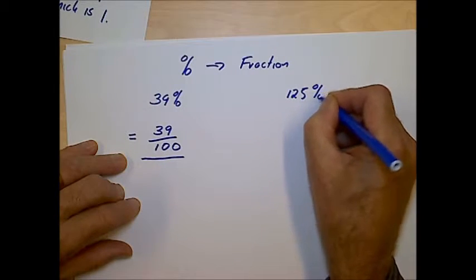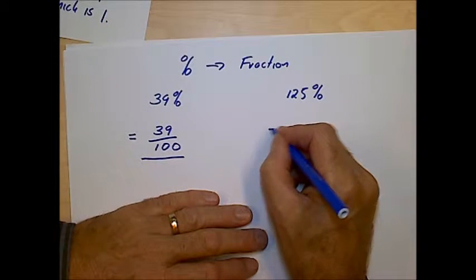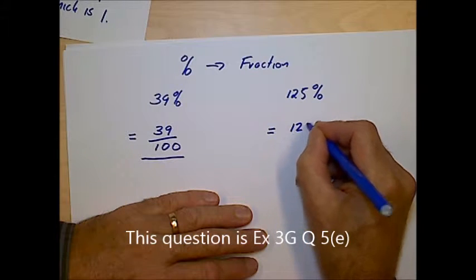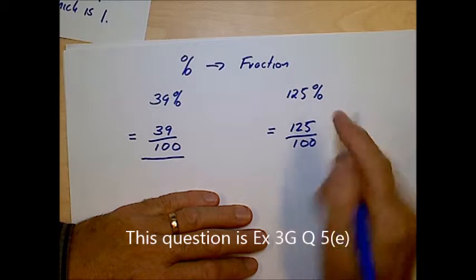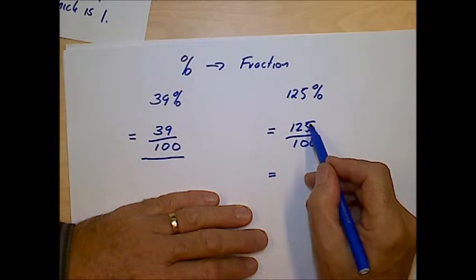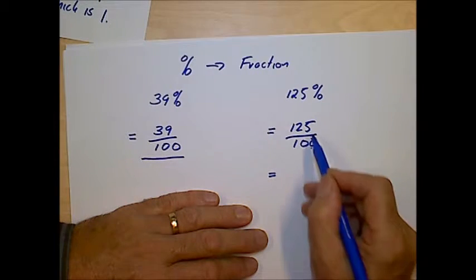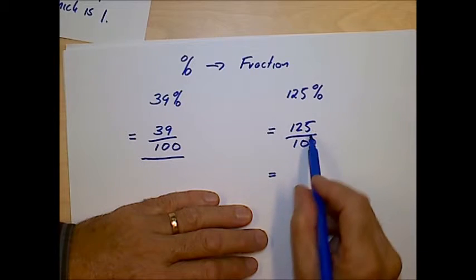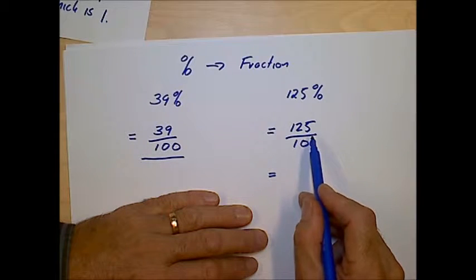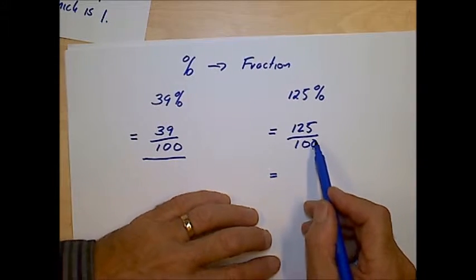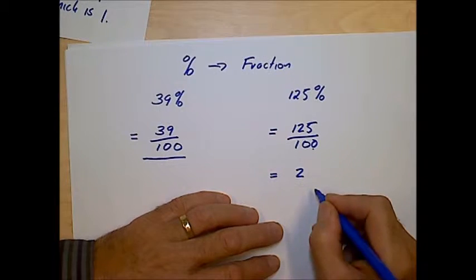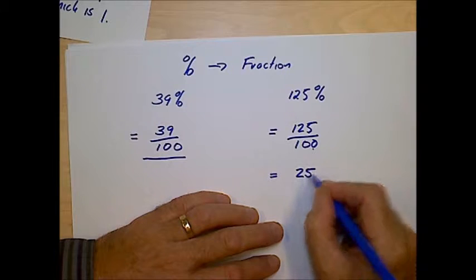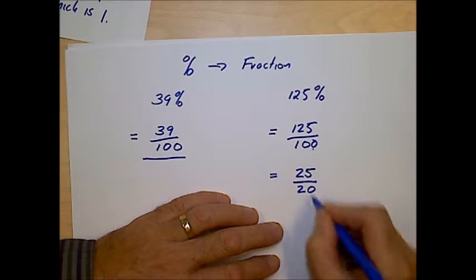However, if I had a problem like 125%, now I need to realise that that's going to be equal to 125 over 100, because that's all the percentage sign means. Now I look at my numerator and my denominator, and I can see that there's a common factor of 5. This is why we need to remember our divisibility rules. So 5 into 125, you can use a calculator if you want to, is going to be 25 over 20.